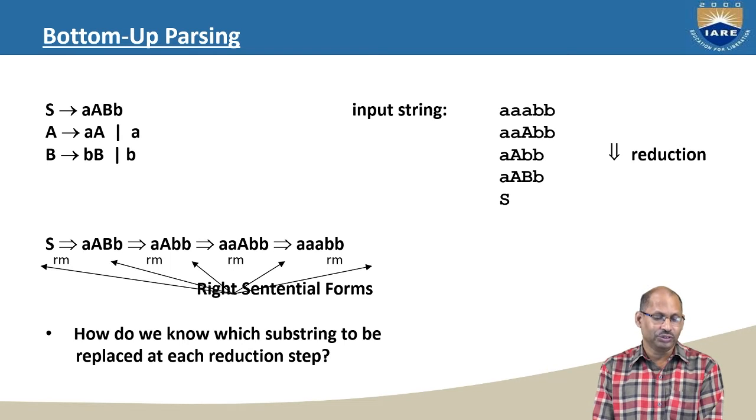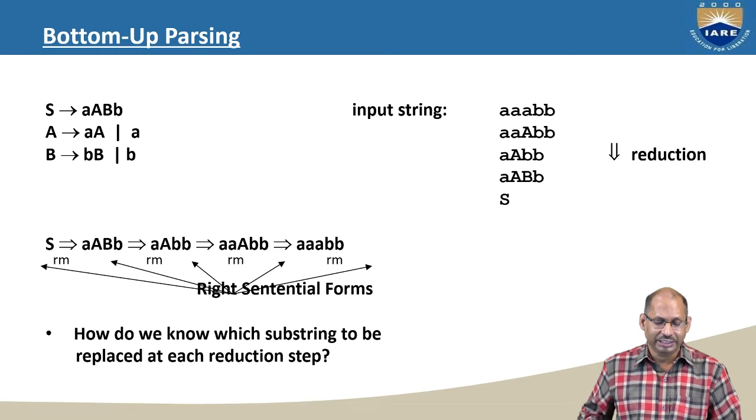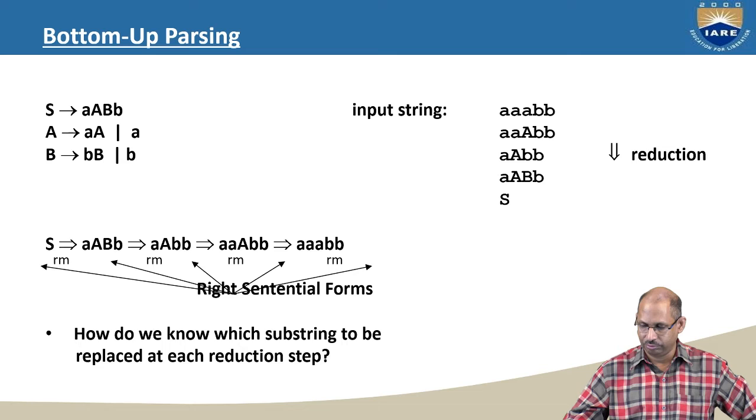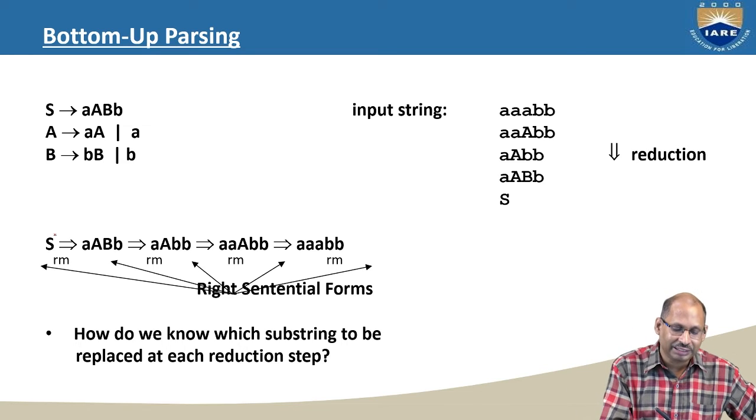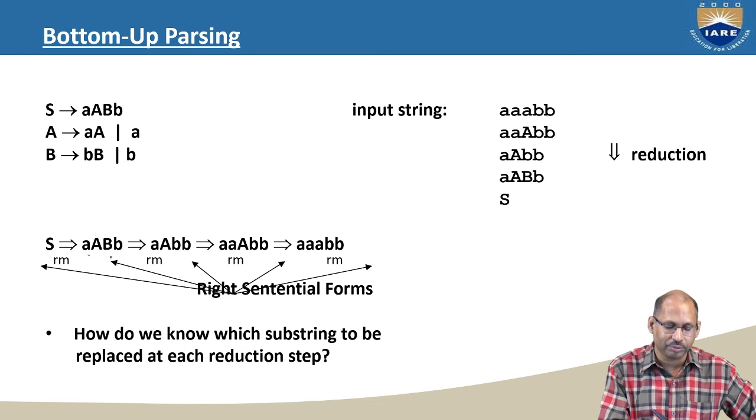Here S gives AB, A gives AA or a, B gives BB or b. This is one more example of the bottom-up parsing method. First we consider the rightmost derivation. S gives AB.